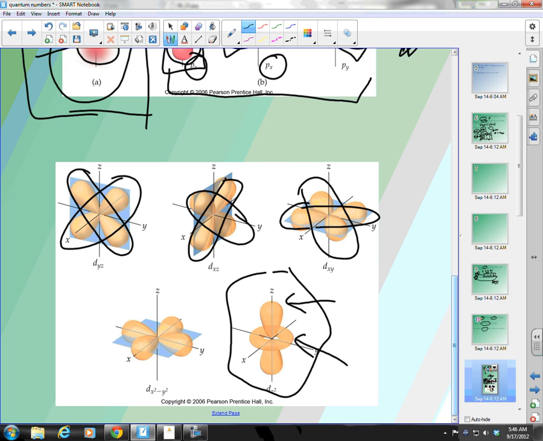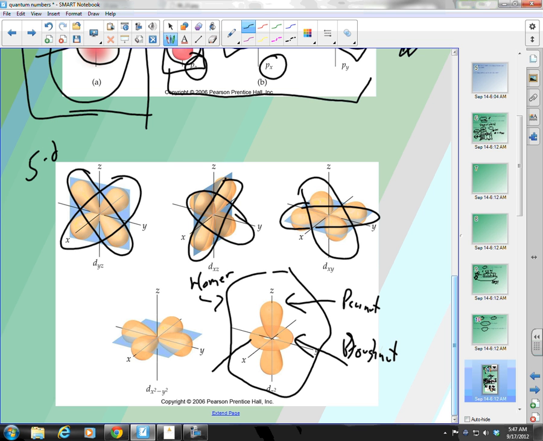How can you go wrong when you have a peanut and a donut together? Wow, you have protein, fat, and sugar. Nothing beats that. No, it's not really called the Homer, but it's kind of nice to think of that, isn't it? Yum, donut. Good. So these are my 5 d orbitals.